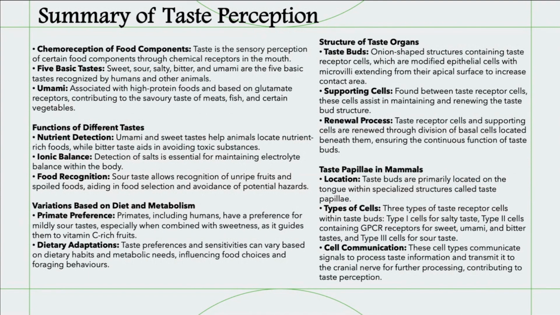The umami and sweet taste would help the animals find nutrient-rich food. And then, of course, the bitter taste would allow them to avoid any food sources which would be toxic to them. The detection of salts is important for us to maintain electrolyte balance in the body. And the sour taste would allow the recognition of unripe fruits and spoiled foods.